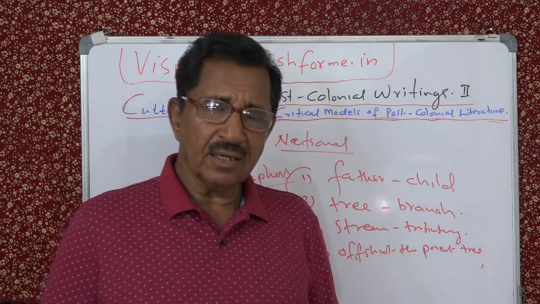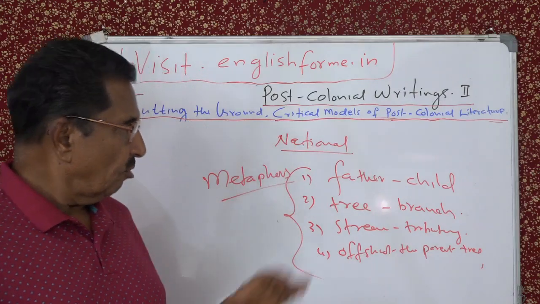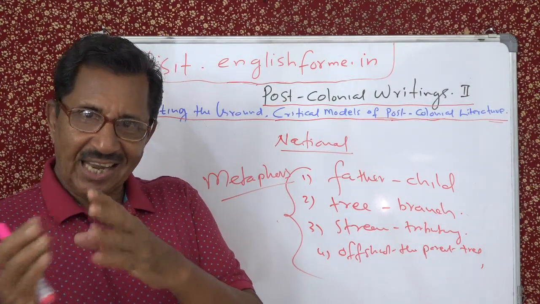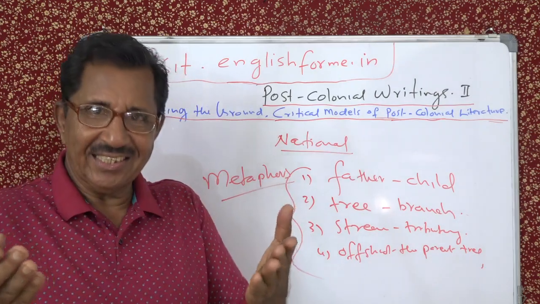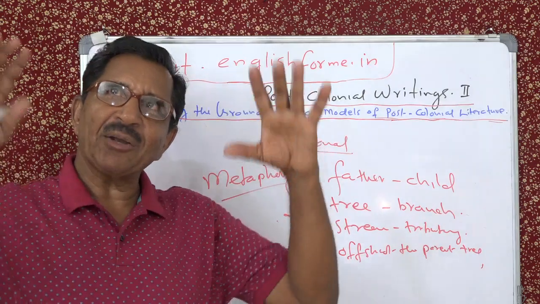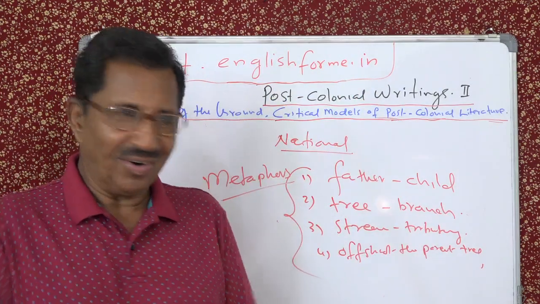To an extent we can say like that. Father and child, that is tradition and the age, because this is a new form of criticism. So the father is antique, old, and this is the child, just born.